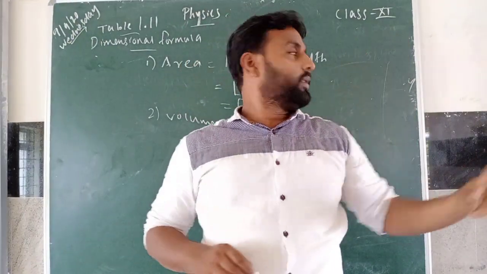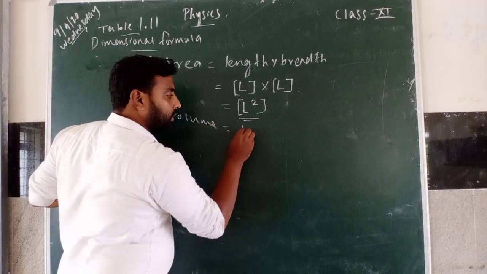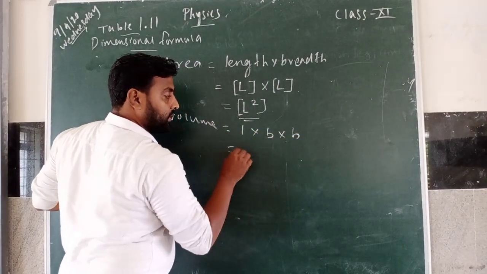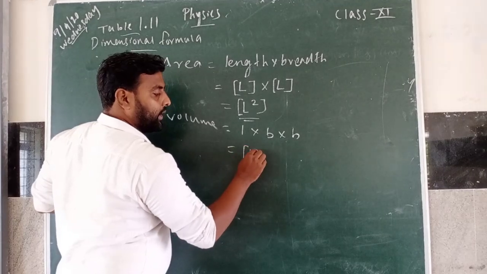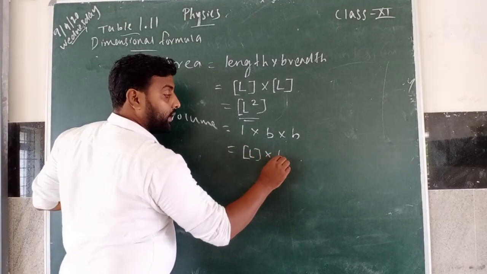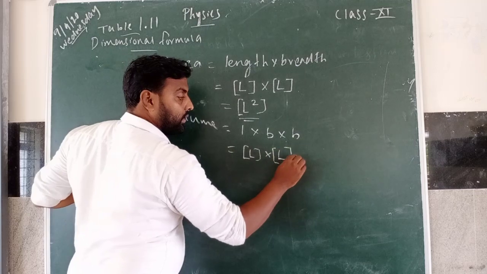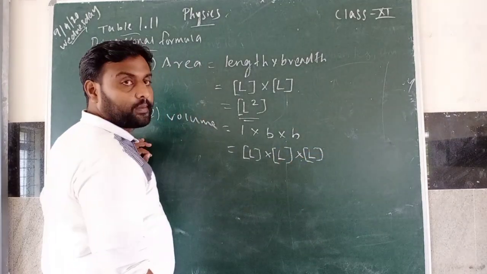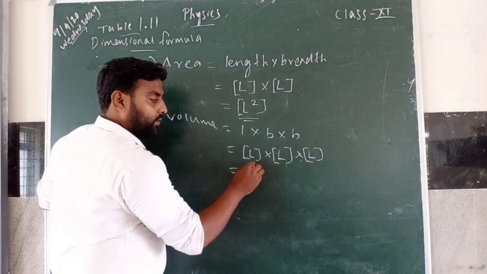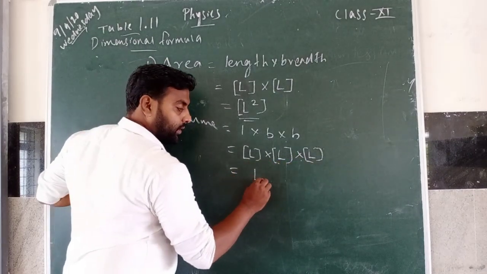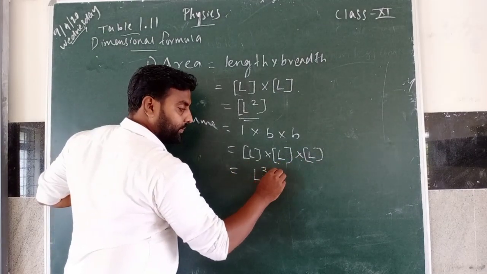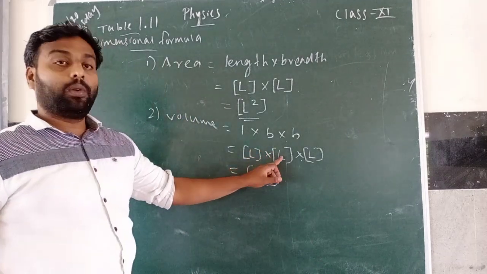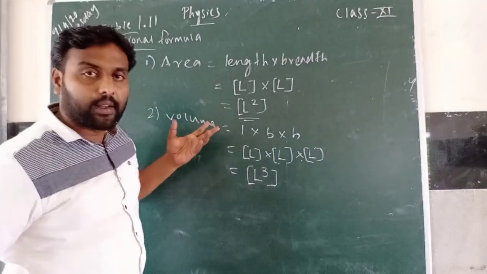So the dimension is L into L into L, which is L cube.